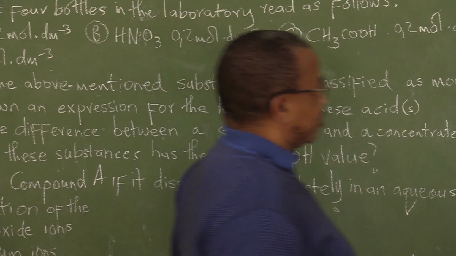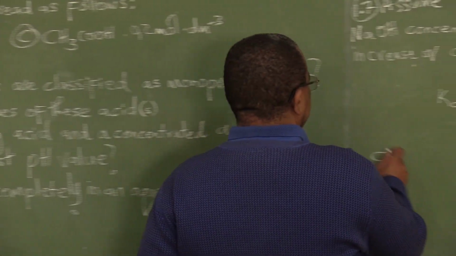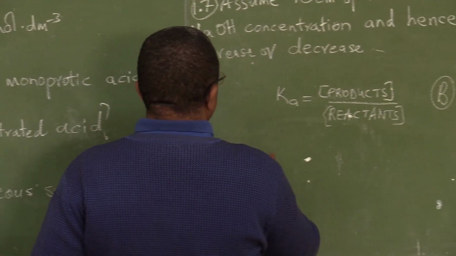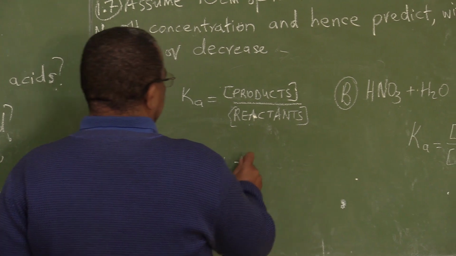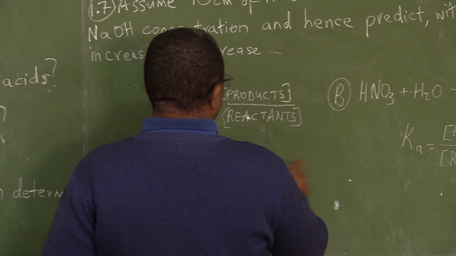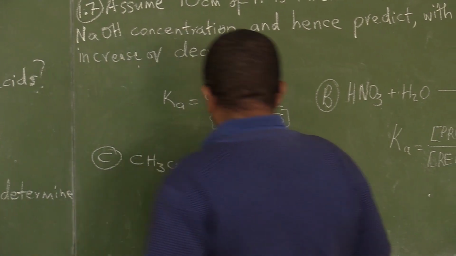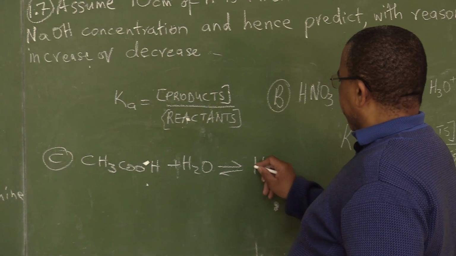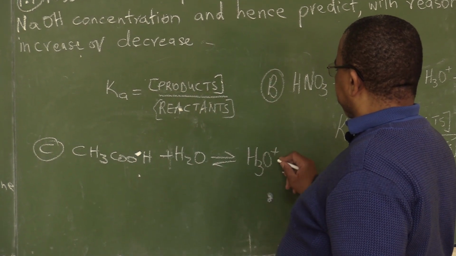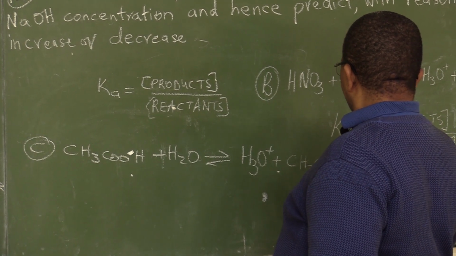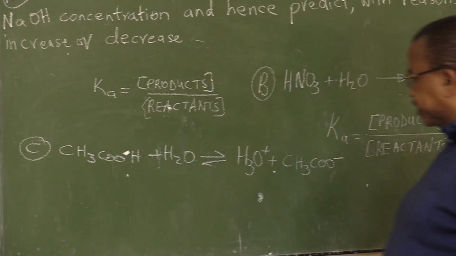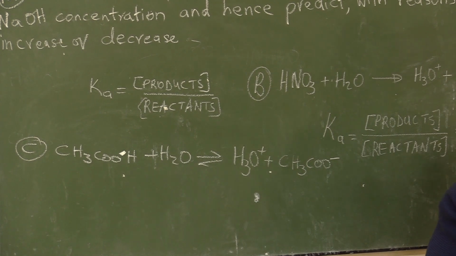Which acid now? Number C. What does our number C say now? It's CH3COOH plus H2O. It forms H3O plus and CH3COO minus. What is an expression for Ka?